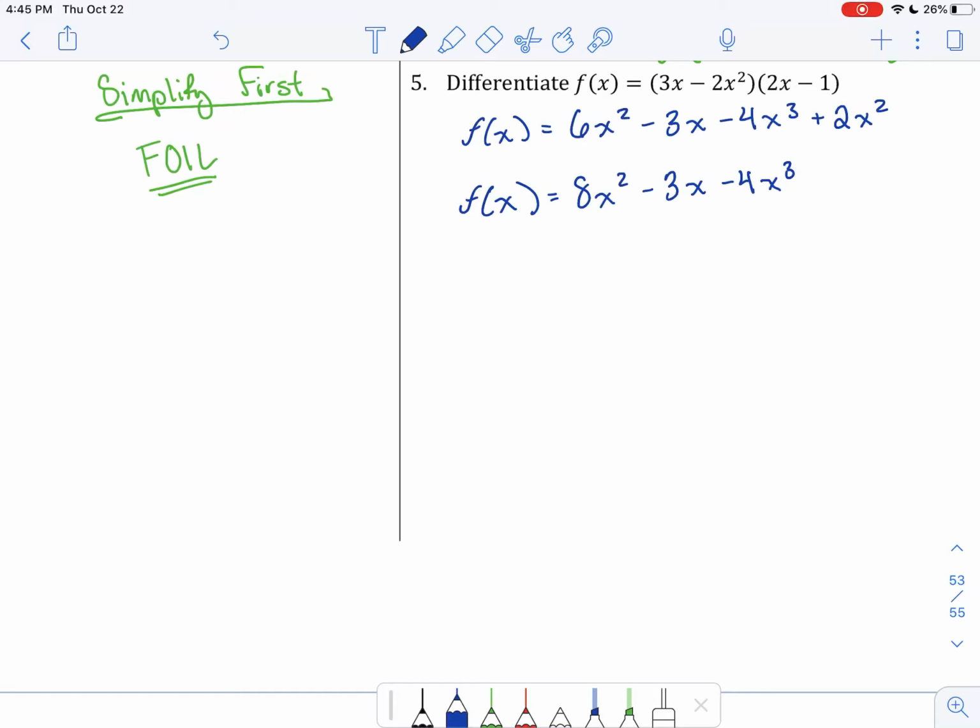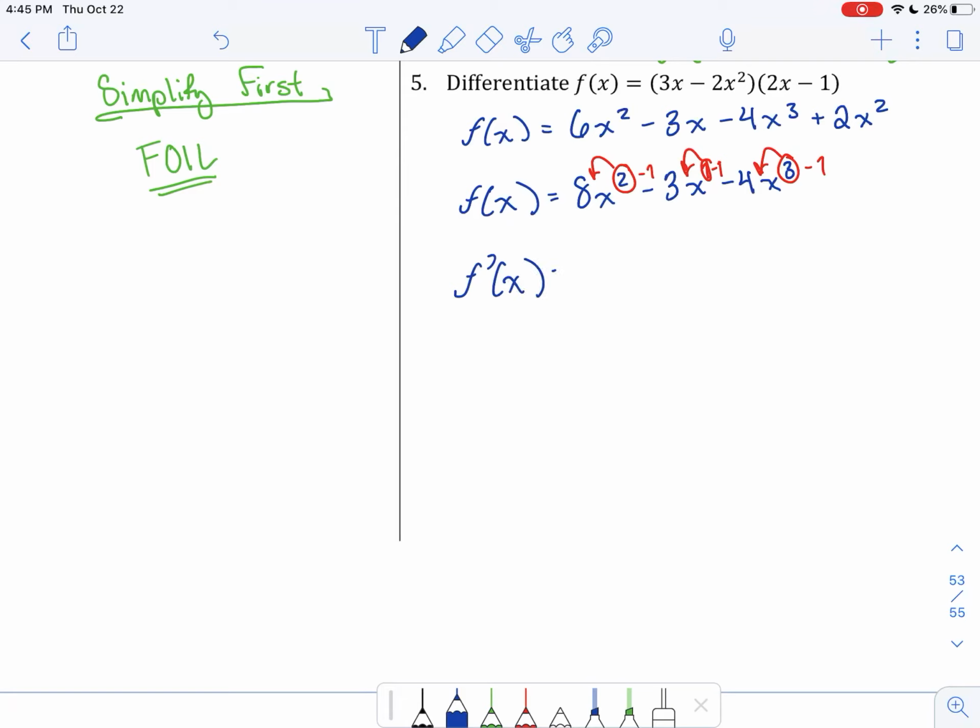It's just fine. I'm going to jump to the power rule because now we just have our terms together. So the 2 comes down as part of the coefficient, the 1 will drop down as part of the coefficient, and the 3 drops down as part of the coefficient.